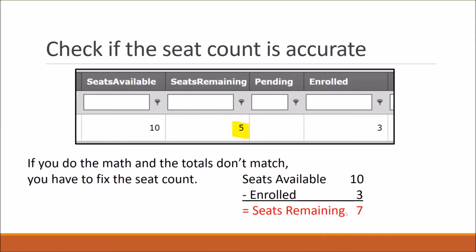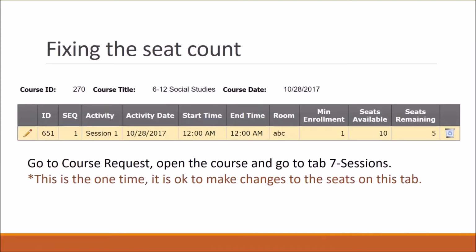So this is a way to help you find out if things aren't accurate, so that you can address the issue to move forward. Okay, so we know that there's an issue with this course. And if we wanted to add seats, we need to fix the issue before we can add the seats. So the next step would be to go back to Course Request and go to tab 7. And this would be the only time that we would advise actually making changes to the seats on this tab once a course is open.